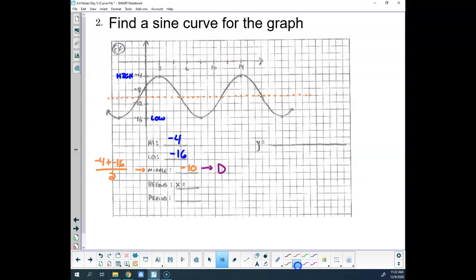Now my amplitude is the distance from the middle to the top or the middle to the bottom. So this distance right here, that's my amplitude. So my amplitude is 6. That's important because that's A.